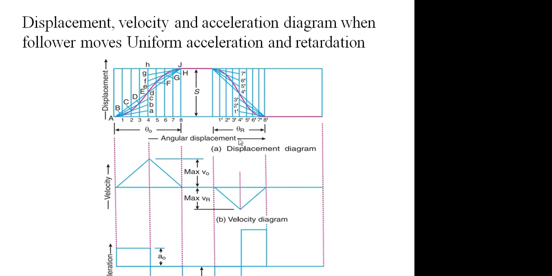Divide theta O and theta R into equal even parts. Now here it is divided into 8 equal parts, theta O and theta R.